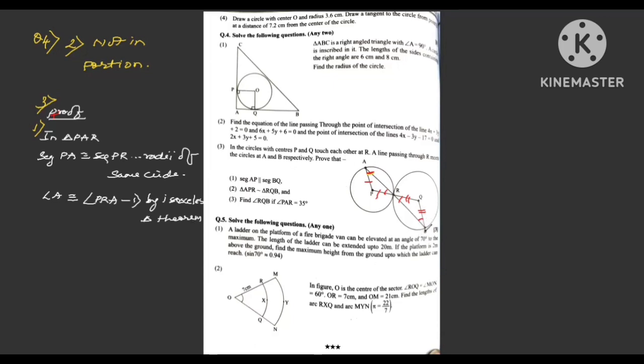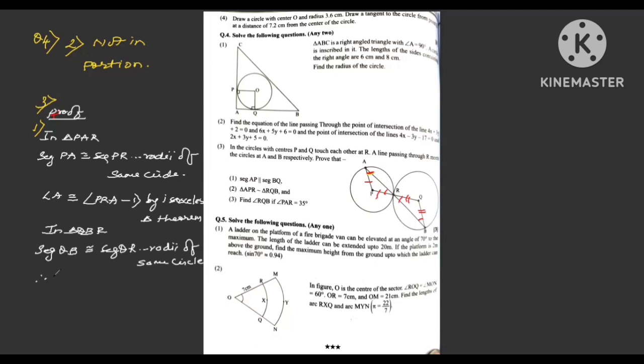Similarly, for B, look at this triangle, in triangle QBR. What happens? Segment QB is congruent to segment QR. What's the reason, children? Radii of the same circle.